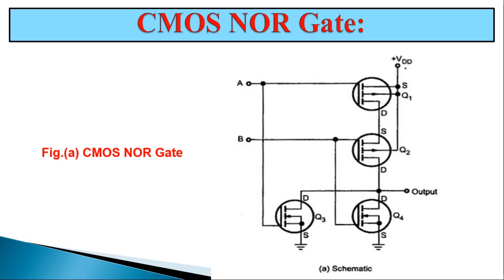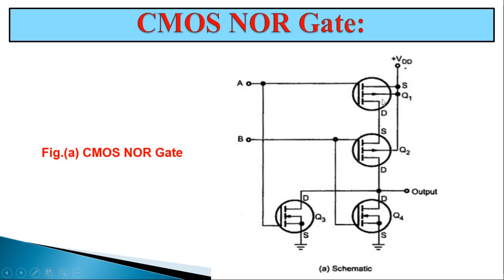CMOS NOR gate. Let us now discuss the CMOS NOR gate. Figure shows two input CMOS NOR gate circuit. Here, P channel MOSFETs, that is Q1 and Q2, are connected in series and N channel MOSFETs, that is Q3 and Q4, are connected in parallel.